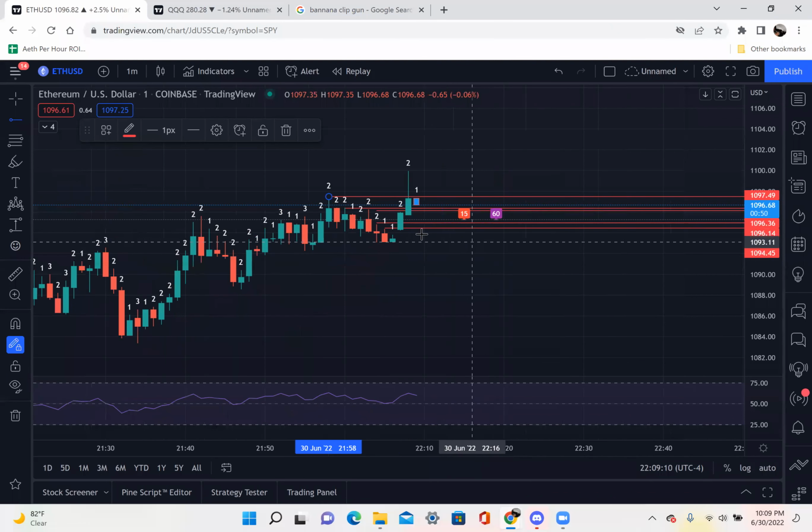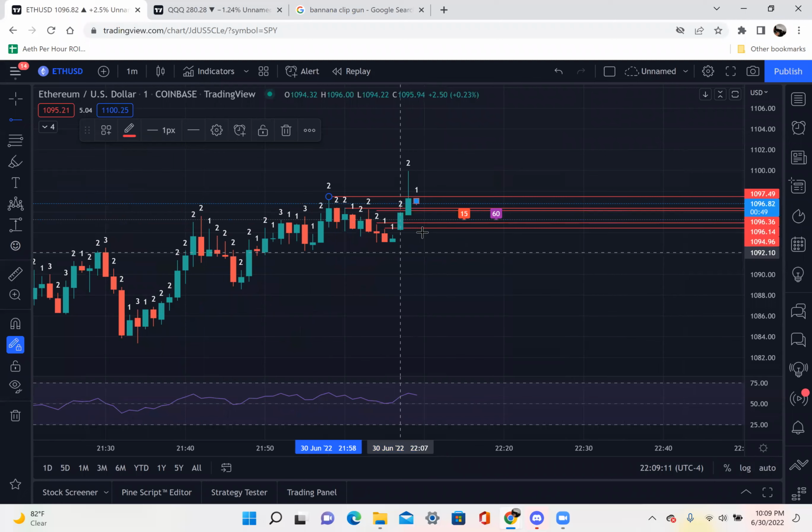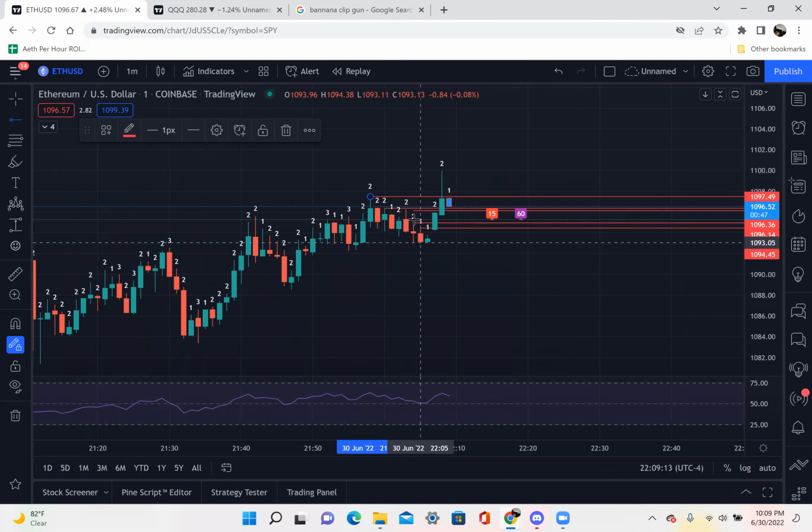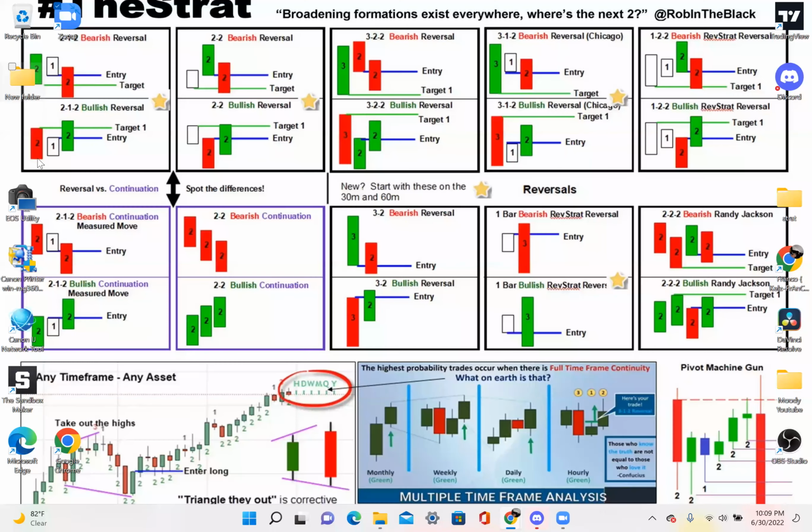Once it wants to reverse, you've seen a double inside: red 2 down, green 2 up, 2 1 2, red down 1. It just gave you a couple of insides, green up. That was the reversal it just gave you, the 2 1 2, and it's still going.